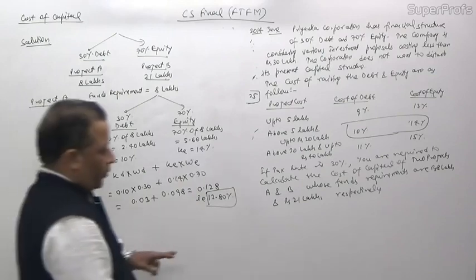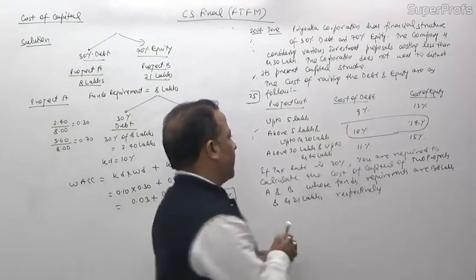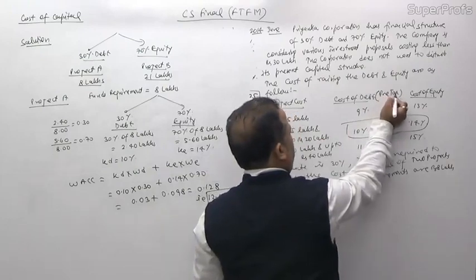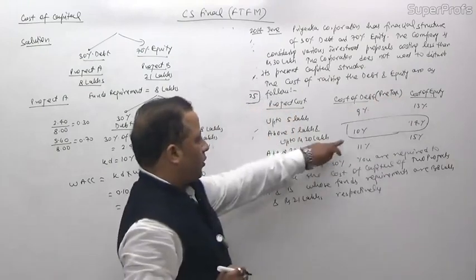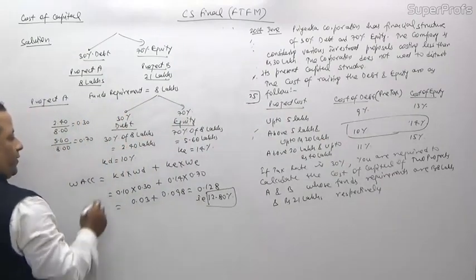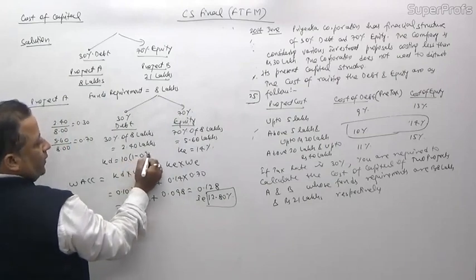There is one piece of information: the cost of debt, if nothing is given, should be taken as pre-tax. So the cost of debt is 10%, and after tax, the cost of debt would be 10 minus the tax percent.